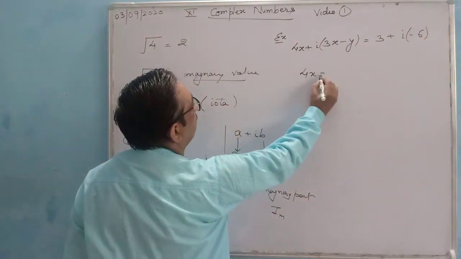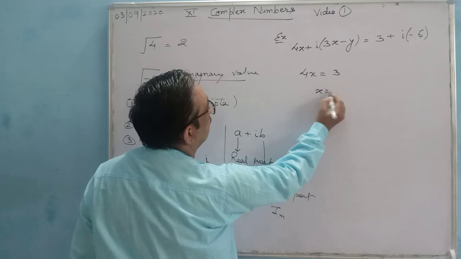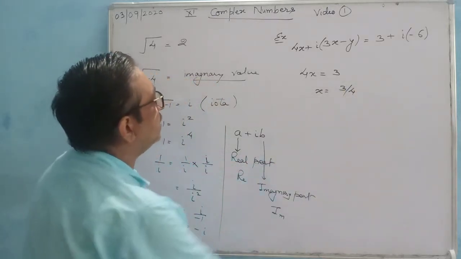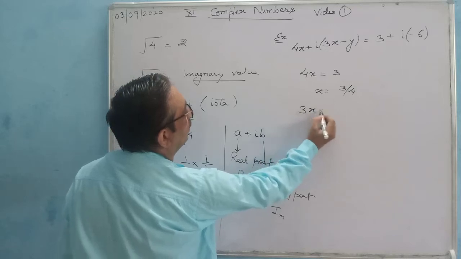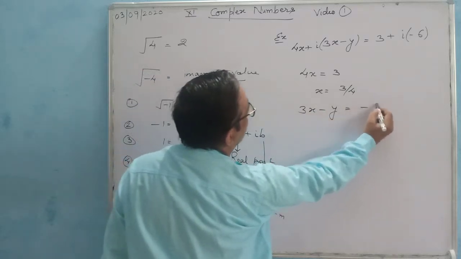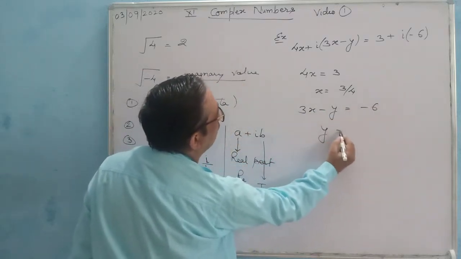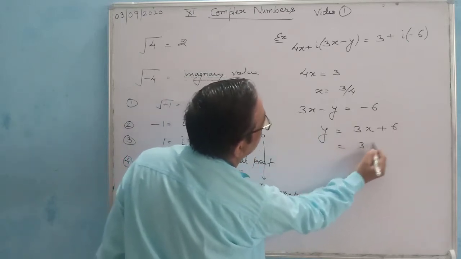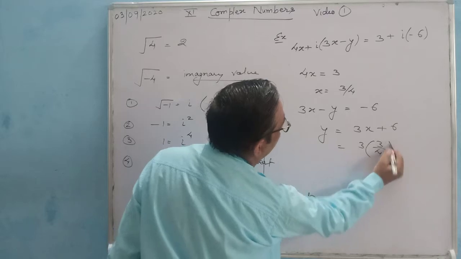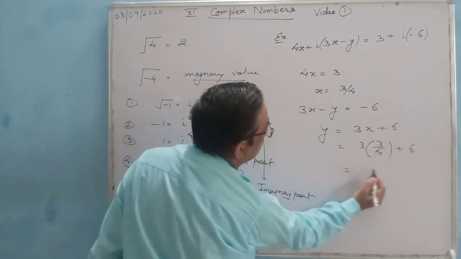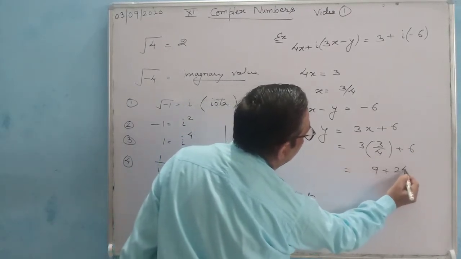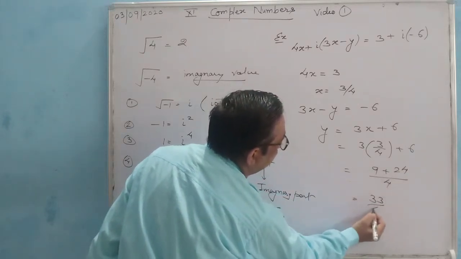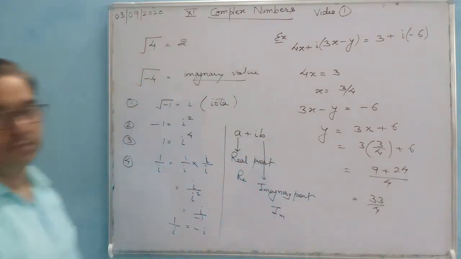That means 4x equals 3, x equals 3 by 4. Imaginary part is equal to imaginary part. 3x minus y equals minus 6, so y equals 3x plus 6, which is 3 by 4 plus 6, that is 9 plus 24 upon 4, which is 33 upon 4. Is it clear?